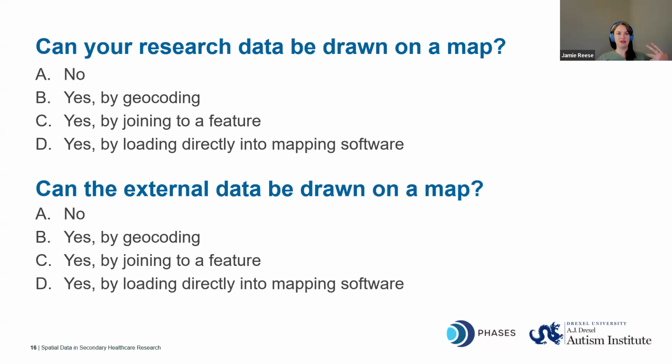So the choices are going to be you either can't draw it at all, you could draw it by geocoding, you could draw it by joining it to something like a shapefile, or you could draw it because it's already in a format like a shapefile or a geodatabase, and you can bring it right into a mapping software. So I'll give you a minute to answer that question. There are those two questions, I should say.